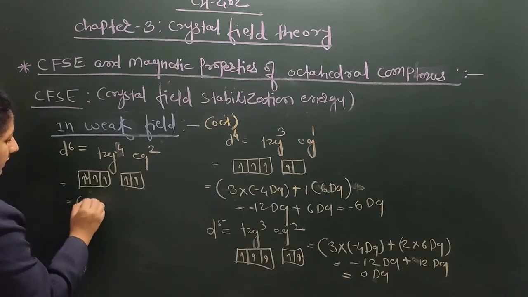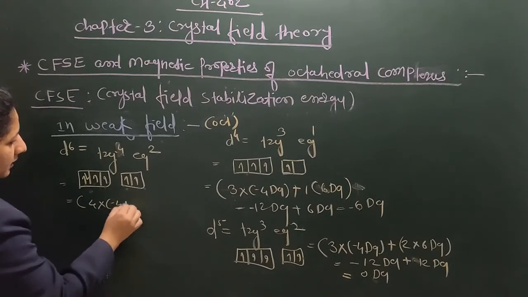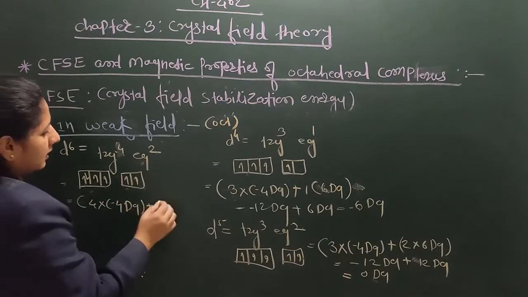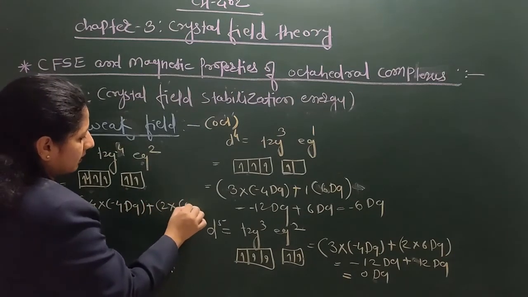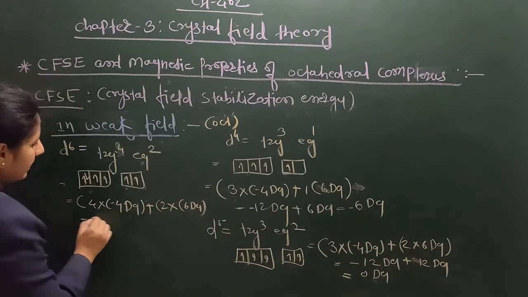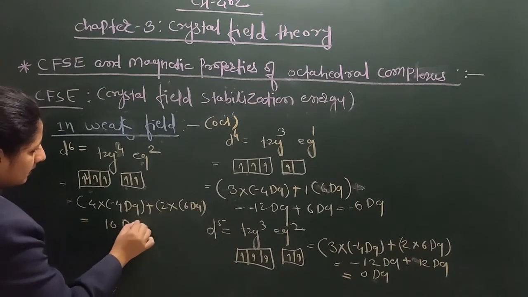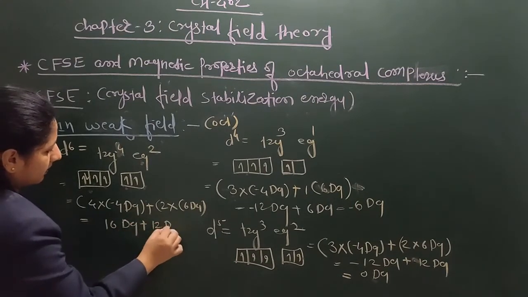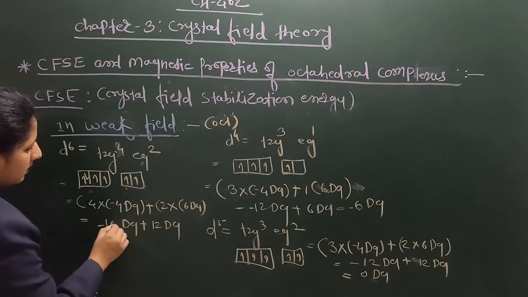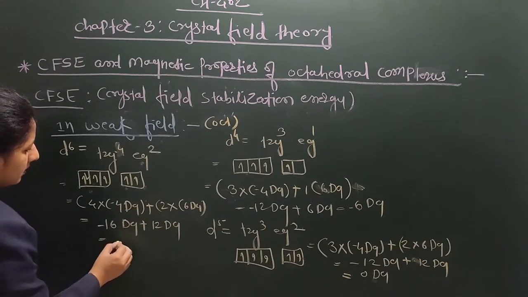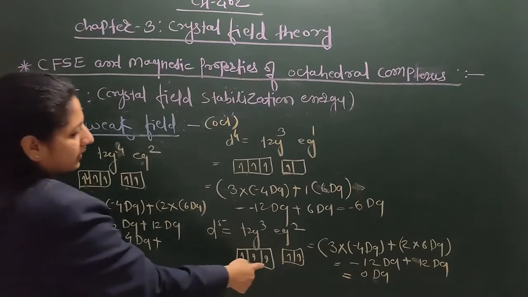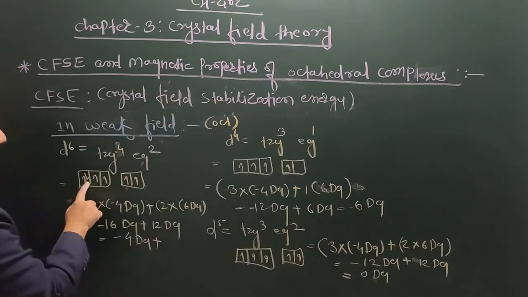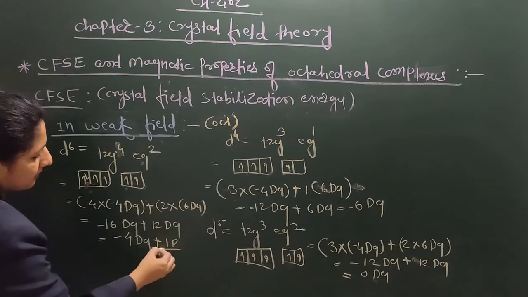So the number of electrons is 4 in the t2g orbital and 2 electrons in eg, so there will be minus 4 dq, and there will be 1 pairing. Where there is no pairing we cannot write it, but here there is pairing, so we can write 1p, that is a pairing.